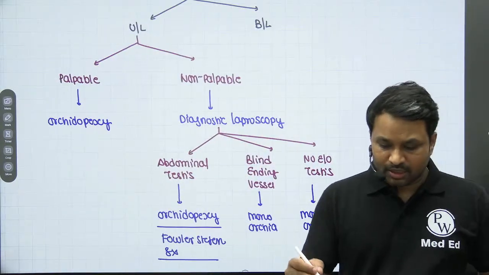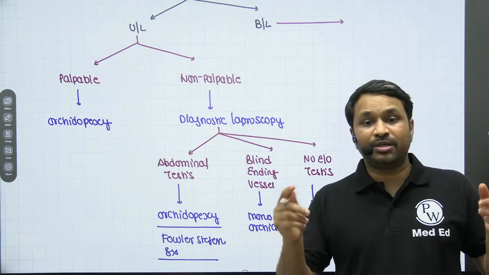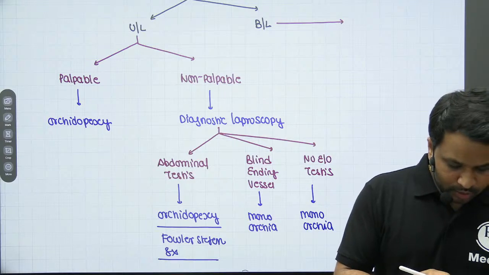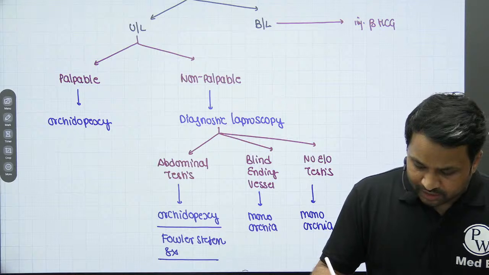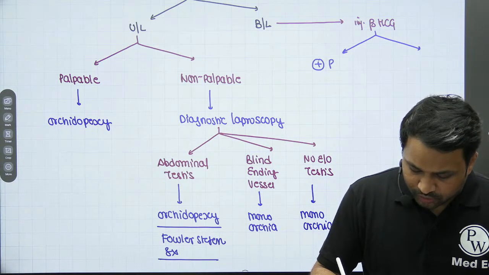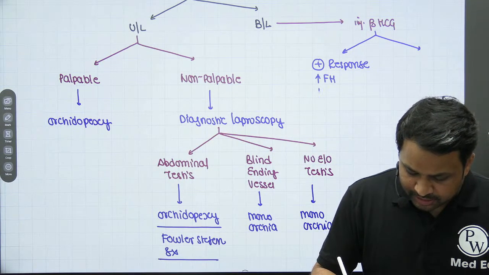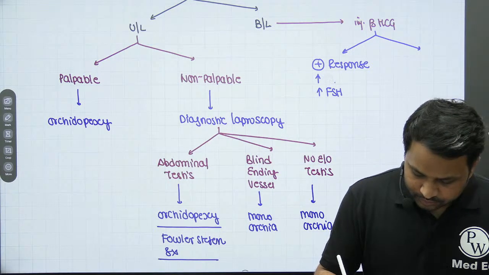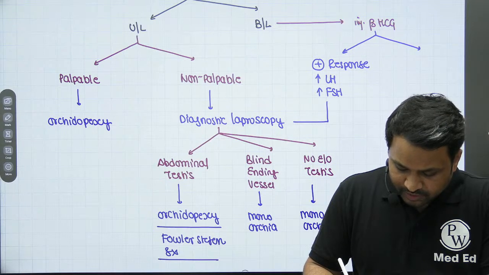Now my problem starts when you have a patient with bilateral undescended testes. I should know whether this baby is a male or a female. For that, we give injections of beta HCG, and then see whether there is a response or no response. With a response, there is an increase in luteinizing hormone as well as FSH, which indicates the baby has testes, and I'll take the patient for diagnostic laparoscopy.